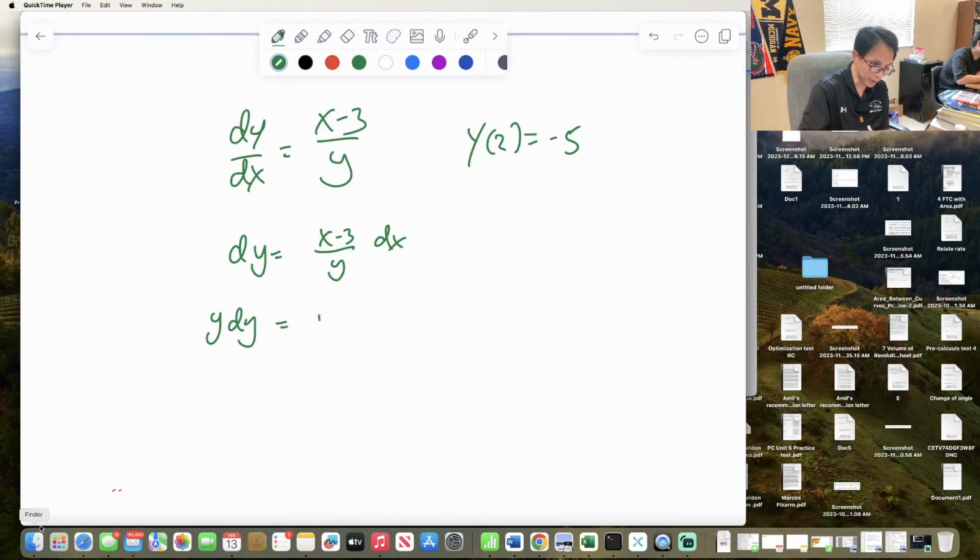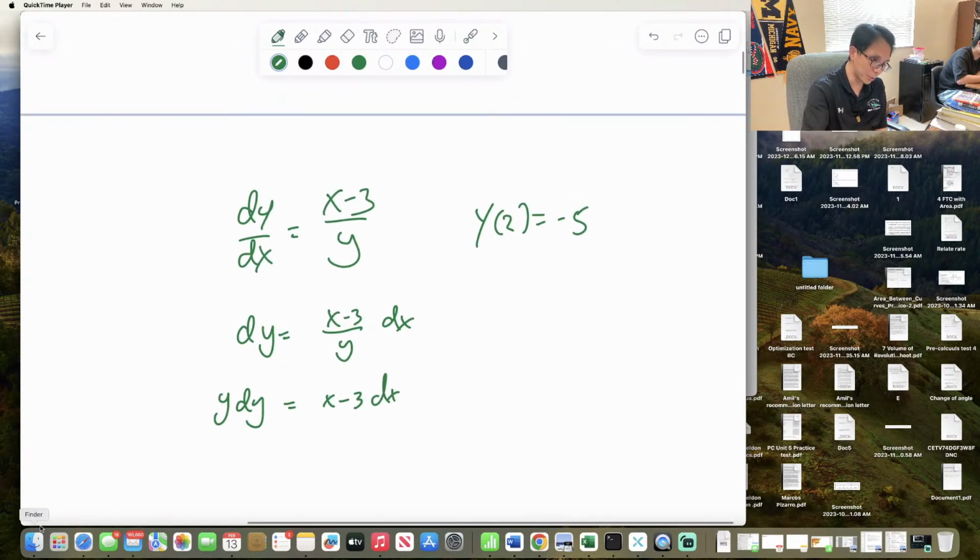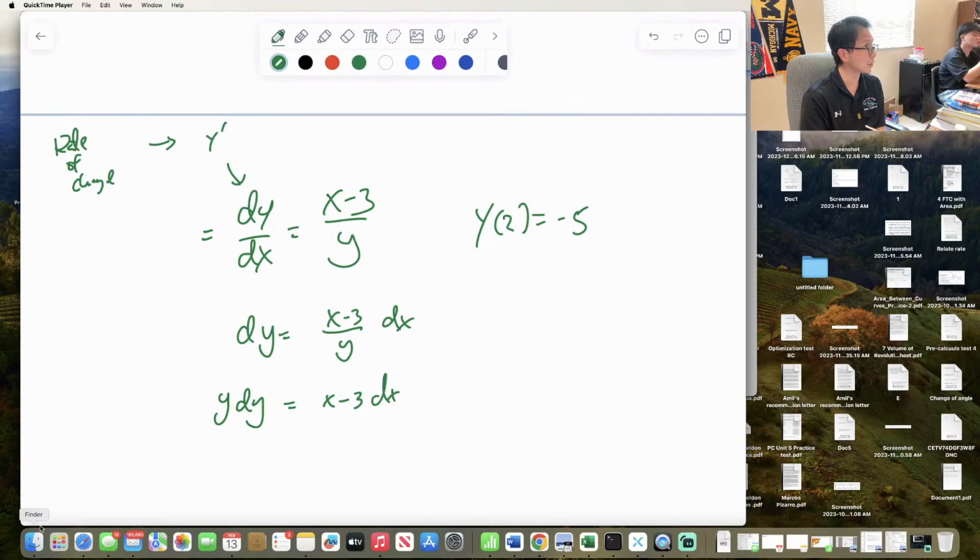So on the AP exam, you're going to get 1 point here. Very easy point. Now, sometimes they can replace this with y prime, or they can even say rate of change. Rate of change is very common as well, because rate of change is dy/dx. So they can say the rate of change is x minus 3 over y, and find a particular solution of this.